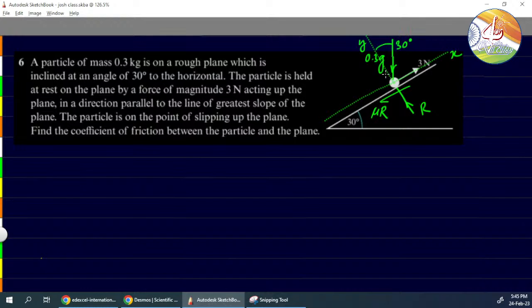So now let's take the components. First, the y components. R is acting upwards. Which other components will we get? 3 newtons is in the x direction. Mu R is also in the x direction. So these two won't come in the y components. Then what is the component of 0.3 g, sine or cos?